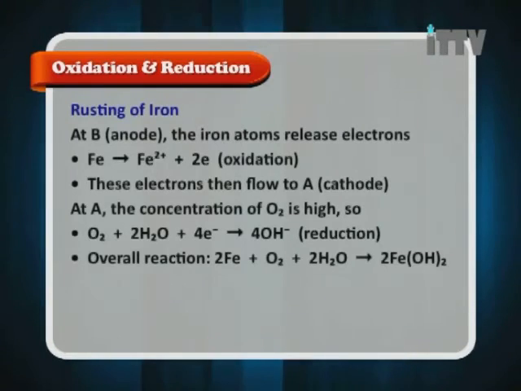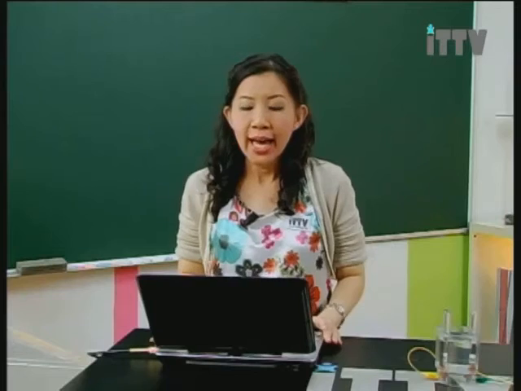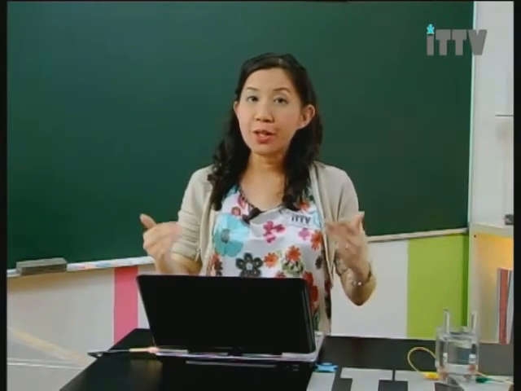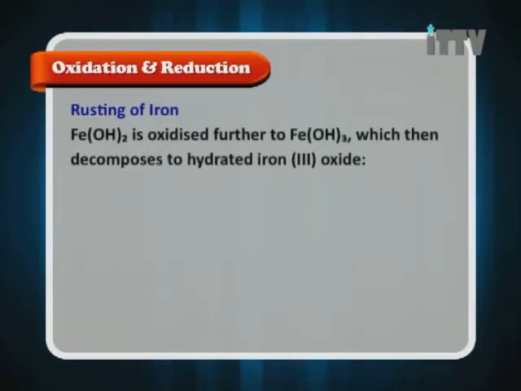So the overall reaction for this rusting process will be 2 iron atoms reacts with 1 molecule of oxygen as well as 2 molecules of water to produce 2 molecules of iron 2 hydroxide. Iron 2 hydroxide is further oxidized to iron 3 hydroxide, which then decomposes to hydrated iron 3 oxide.